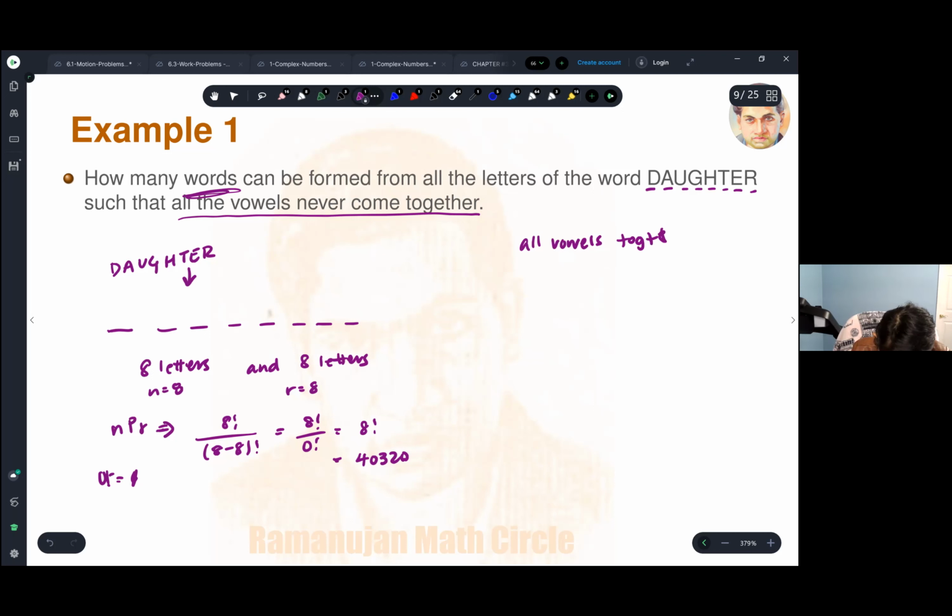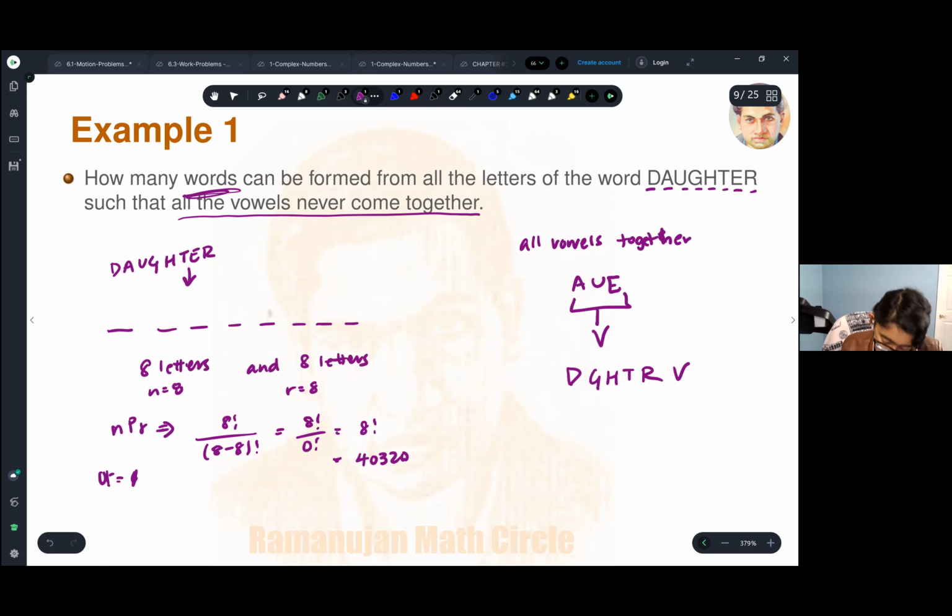If all vowels are together, the vowels are A, U, and E. So first of all, we're going to bunch these together and treat them as one letter. We can call that V, short for vowel. So D, G, H, T, R, and then we have V.